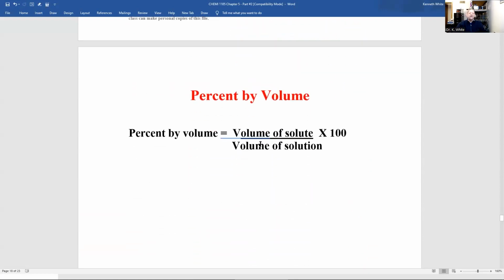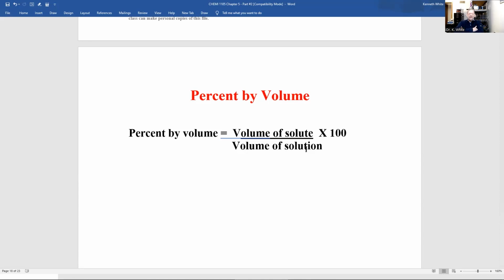Now, another way of doing percent concentration is by volume. And here the percent volume is the volume of the solute divided by the volume of the solution, the total volume, times 100.